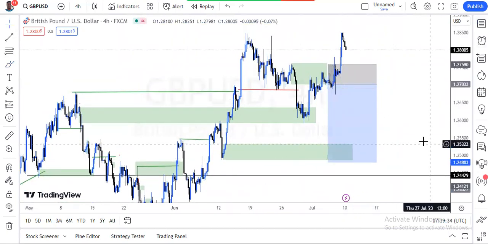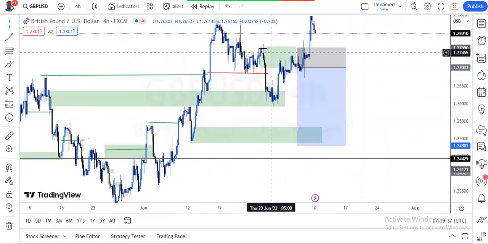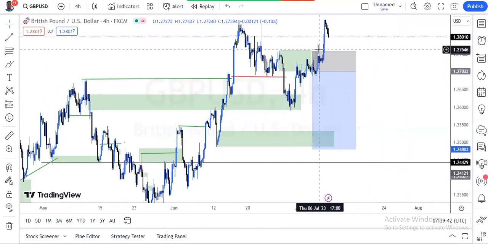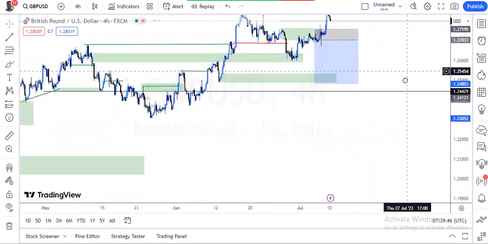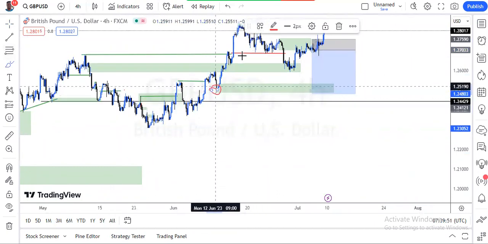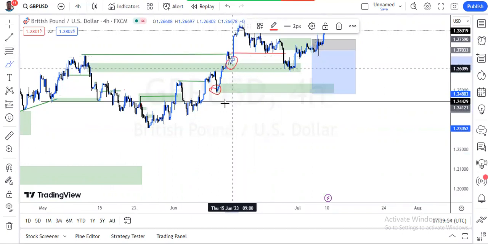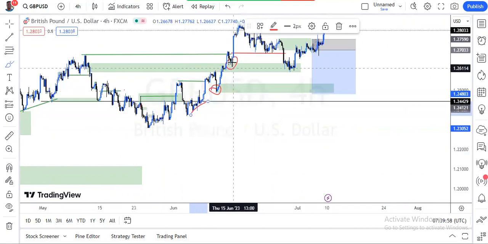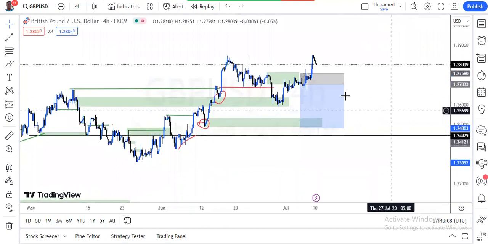For the pound sterling, considering how the price was moving last week, we expected it to fall from here to this level, because we had liquidities resting here, and as price moved in the direction of liquidity, we expected it to take this and then move up from here. But we did not get that, and then see where price is.